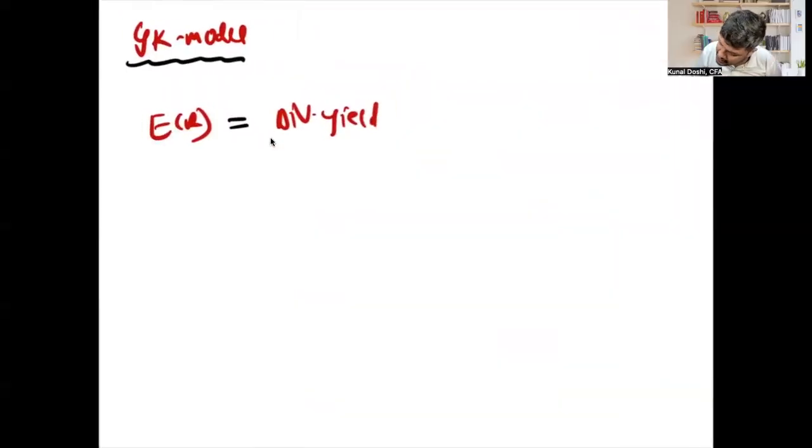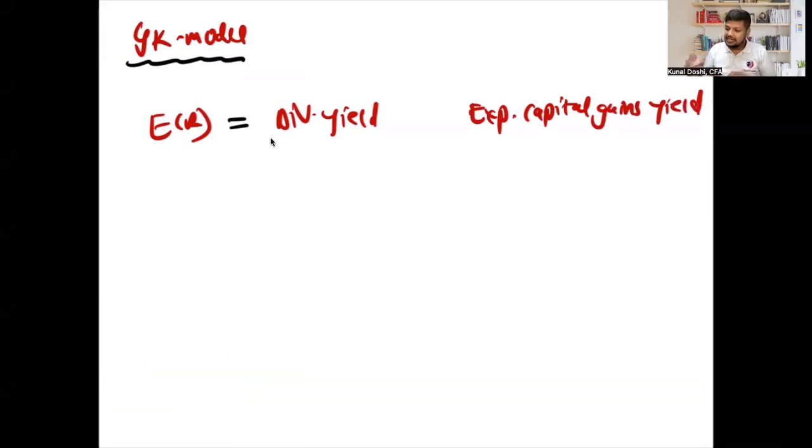This dividend yield we will write in short form as DY, and expected capital gains yield we can write as CGY. CGY is capital gains yield, expected, futuristic, right? Together, that will give me my expected return on equity.